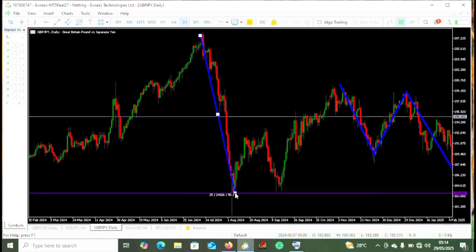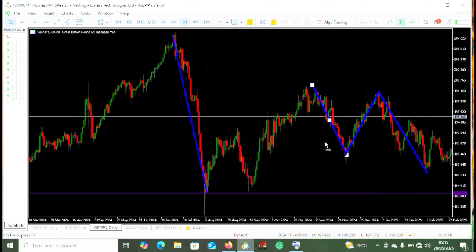These patterns will always repeat themselves. Try to identify them in the market. You need to train your eyes to identify these patterns, because they are part of the skills you must acquire, a part of the training you must get.